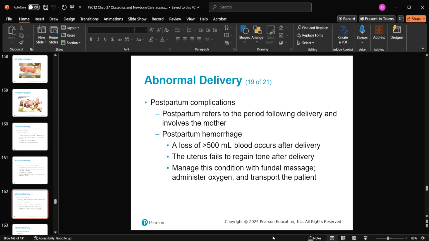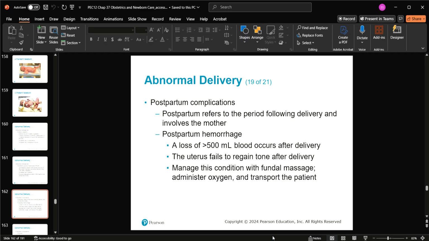When we talked about complications postpartum, so they have given birth, some things can happen here: postpartum hemorrhage, a loss of greater than 500 mLs. A non-pregnant woman has about 4 to 5 liters of blood.